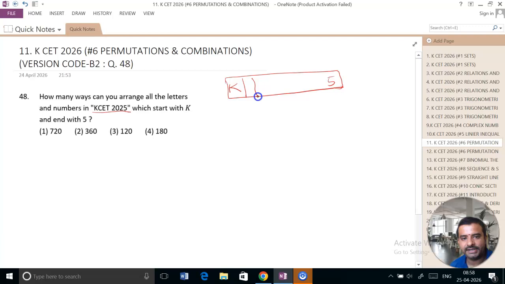See, we already filled 2 boxes. Here they gave 7 letters. So the first letter is K, the last letter is 5.